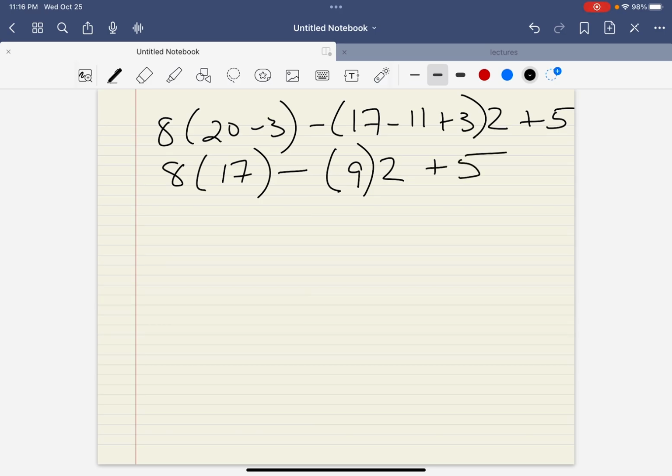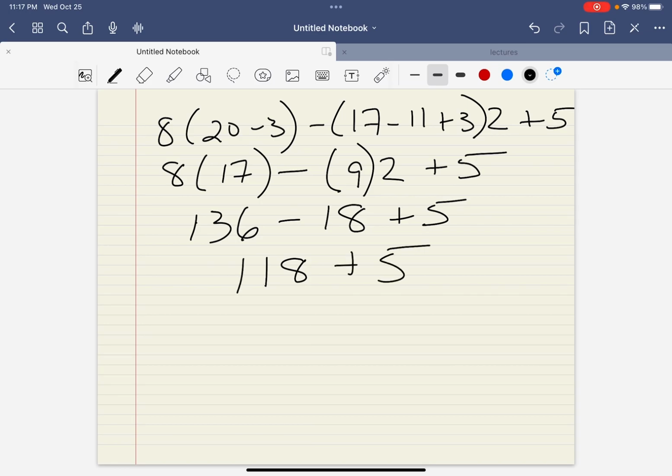So now we do the multiplications. 8 times 17 is 136, minus 18 plus 5. So then 136 minus 18 is 118, plus 5, that'd be 123.